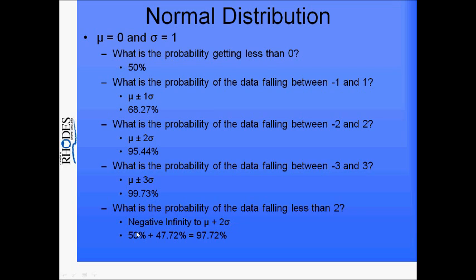So we're going from the left half of the curve, which is 50% of your data, all the way over to +2. So that's 47%. You add those two together, so 97% is represented from 2 or less on that normal curve.